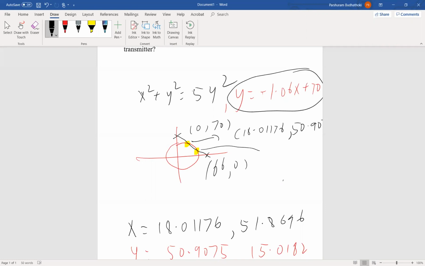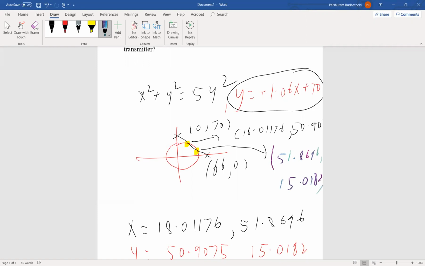Similarly, for the second point, the x coordinate is 51.8696 and the y coordinate is 15.0182. So now you know the coordinates of these 2 points.